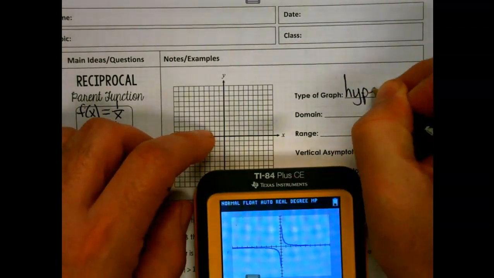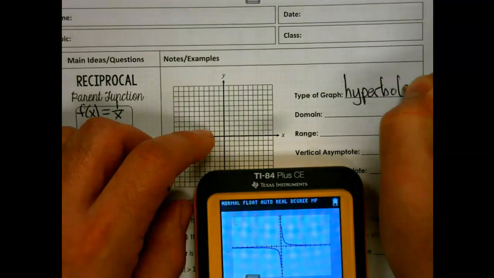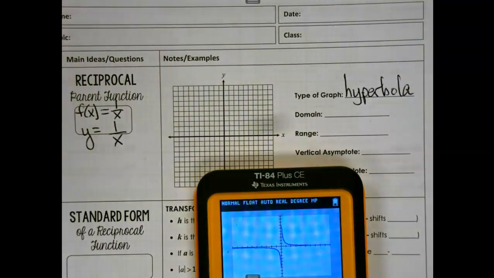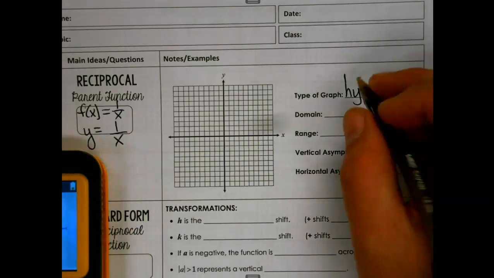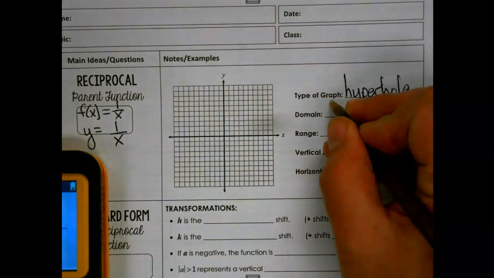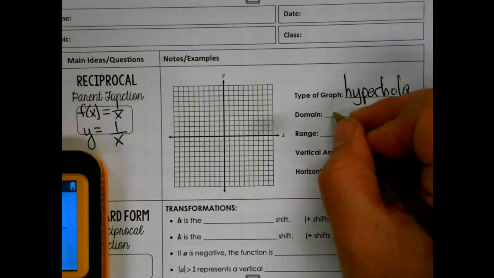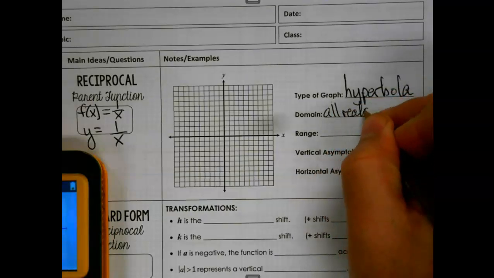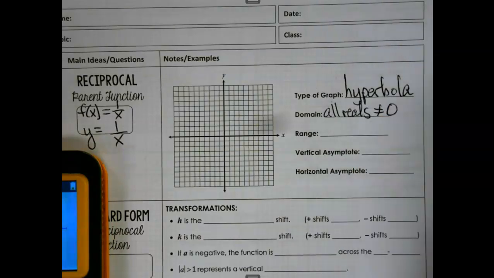This is called a hyperbola, and your domain and range. Now here's where we're going to have to put a couple of pieces together. Your domain is going to typically be all reals not equal to 0.